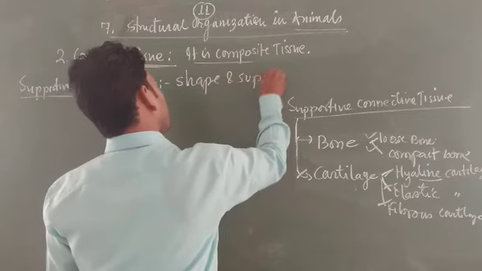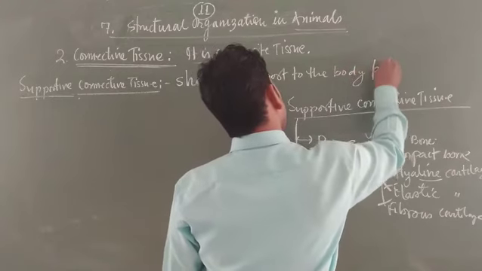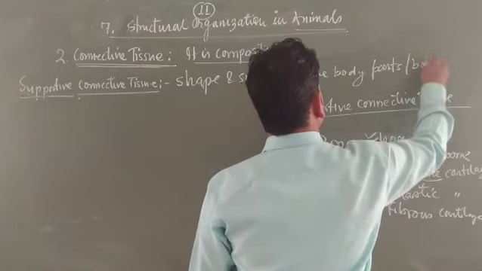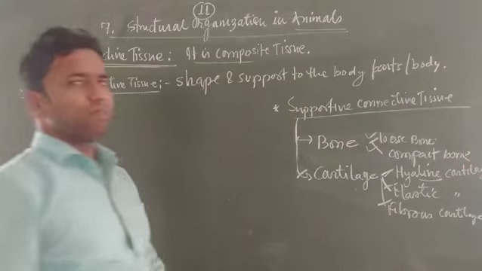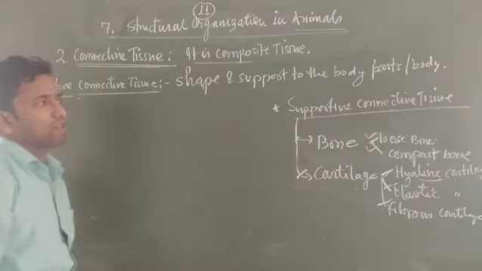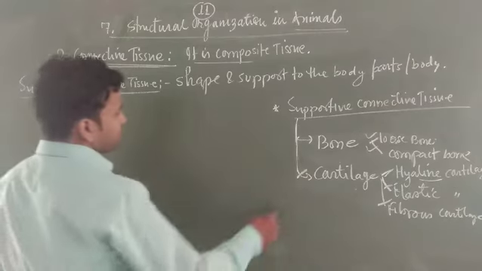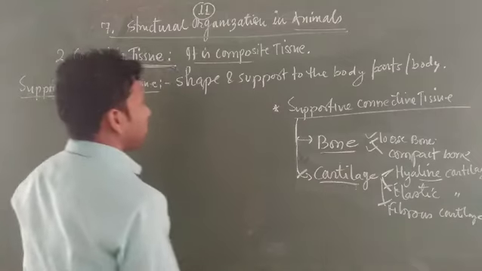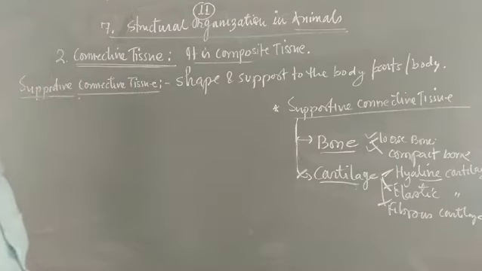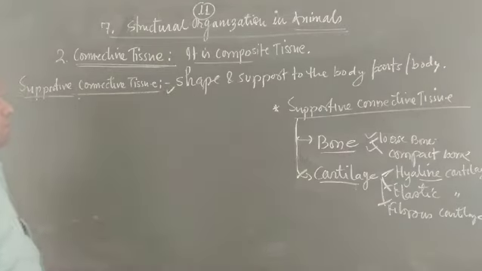Students, assume that if an individual's body had no bone, what would be the shape of the body? There would be no shape, size or structure. By the presence of bone as well as cartilage, the body has a fixed dimension, fixed shape, size and structure. So supportive connective tissue provides shape and support to the body and body parts.